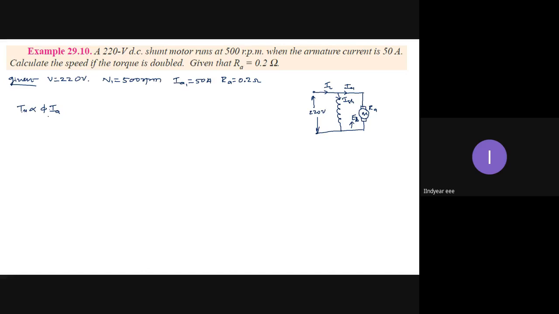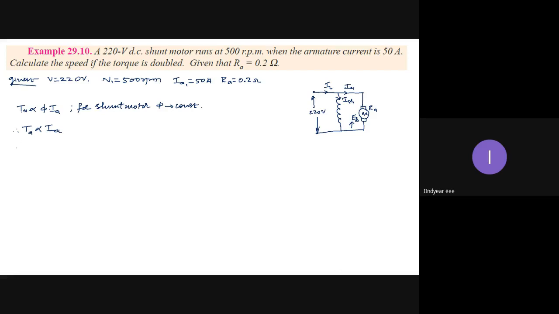Now, for a shunt motor, phi will remain constant because the shunt field current will remain constant. Therefore, the torque developed TA is directly proportional to IA.